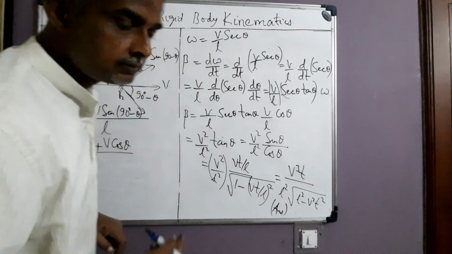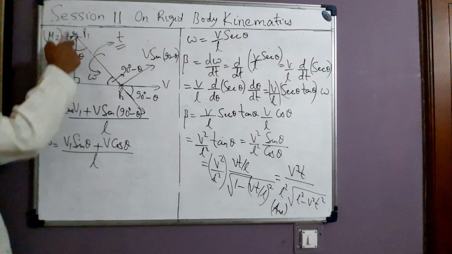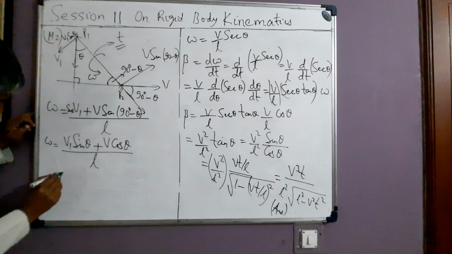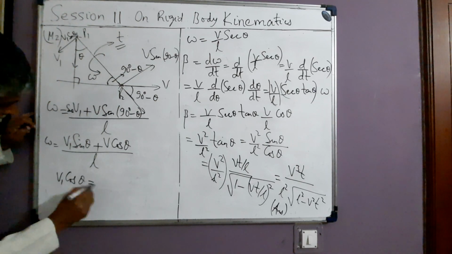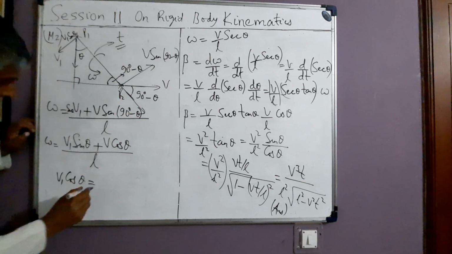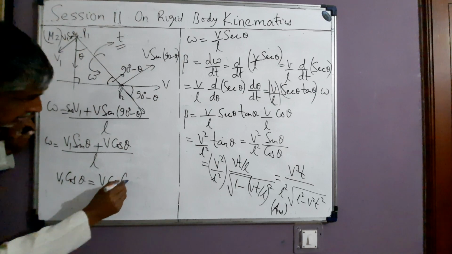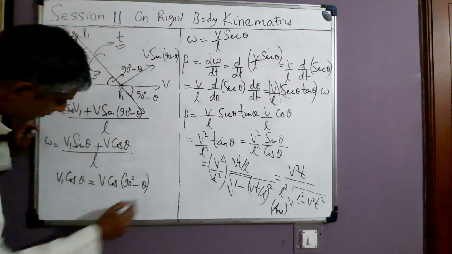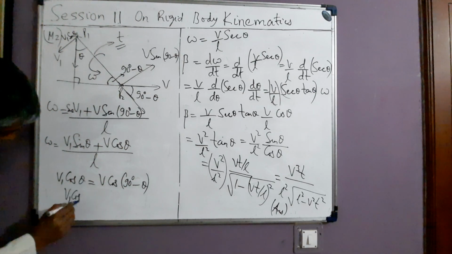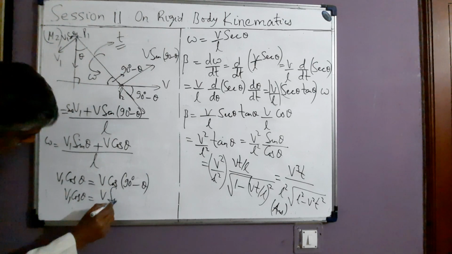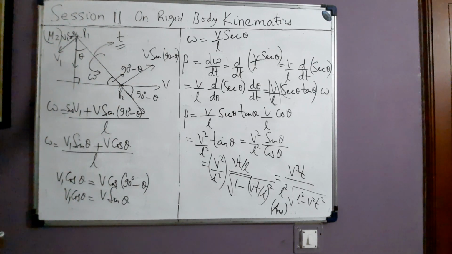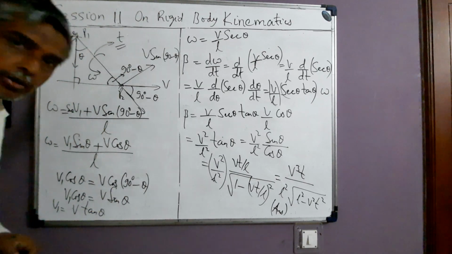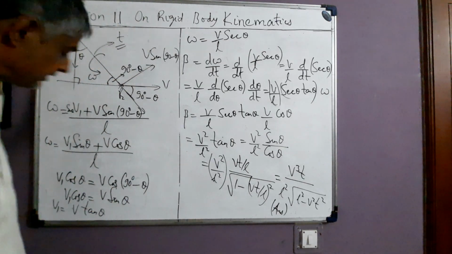So V1 cos theta is the same as V cos(90 minus theta), which is V sin theta. So V1 becomes V tan theta.